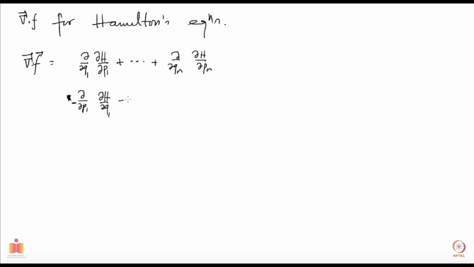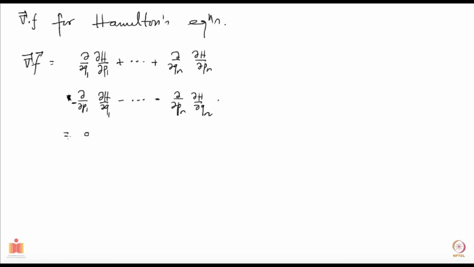And then you continue to the pn and delta H over delta qn. That's all you have. So H is being differentiated with respect to q1 and p1, and here also the same thing. The order does not matter, and there's a relative sign, so these two will give you 0. Similarly, all the other terms will also cancel pairwise and will leave you 0.